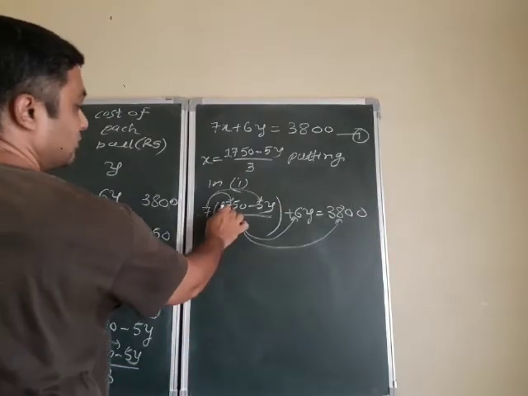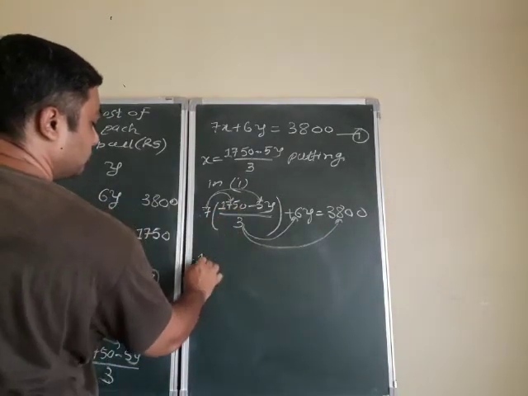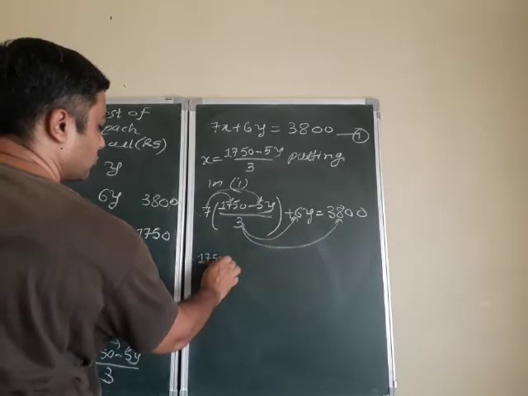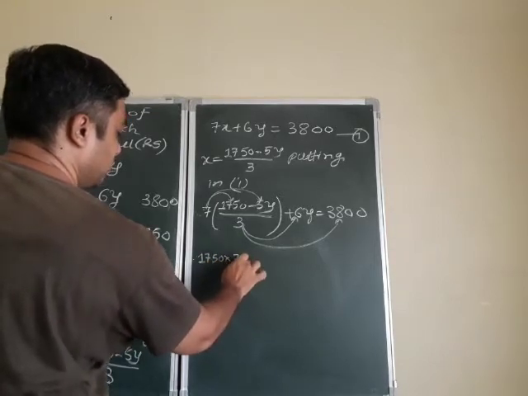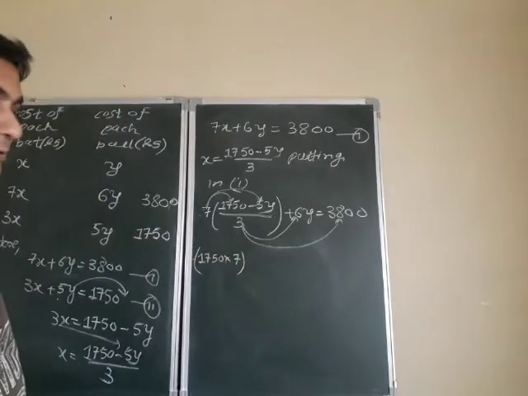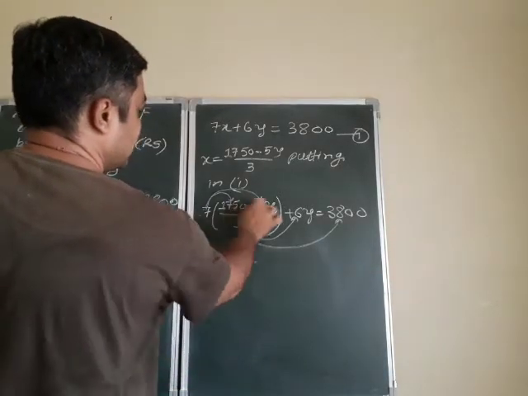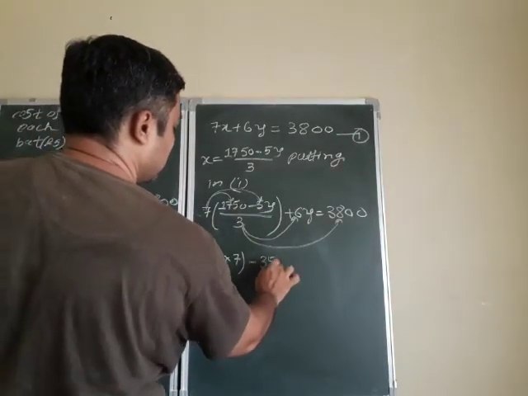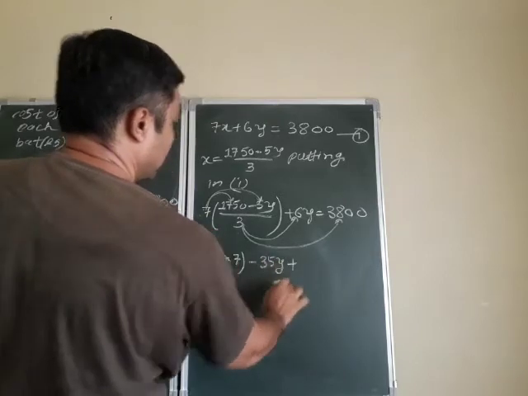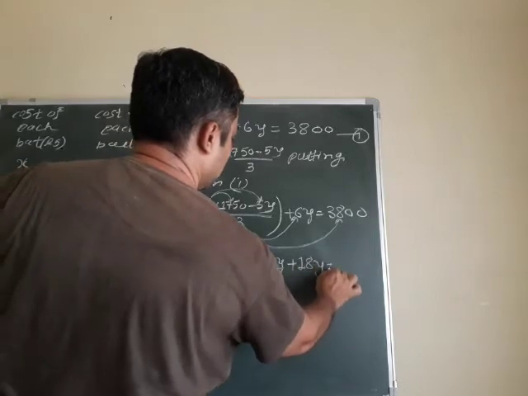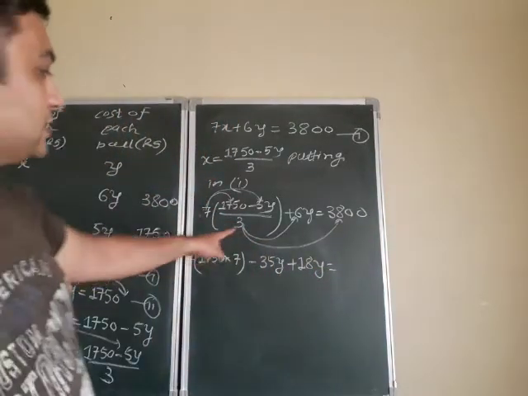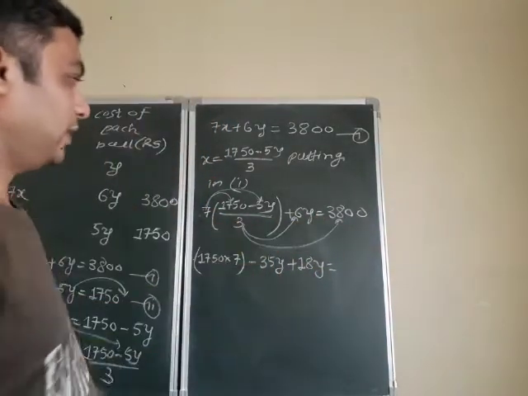Okay? So this is 1750 into 7, minus 7 5s are 35y, plus 6 3s are 18y, is equal to 38 into 3.